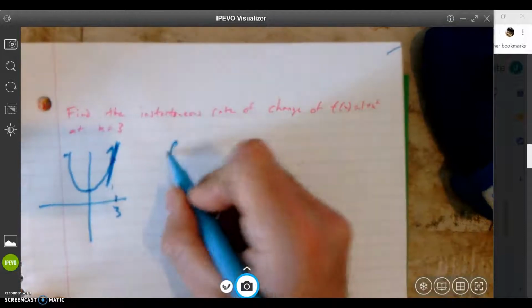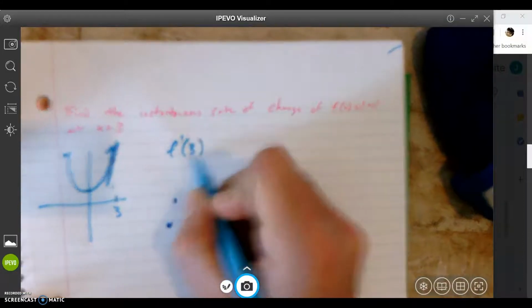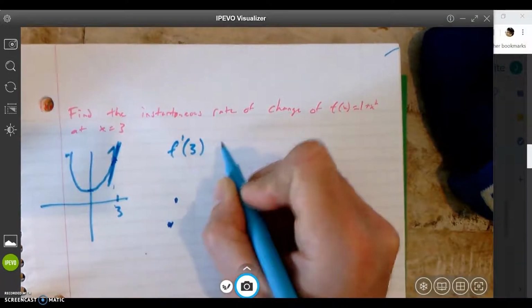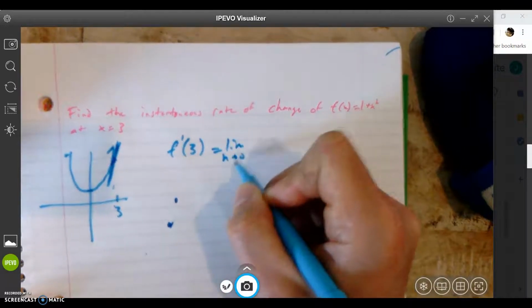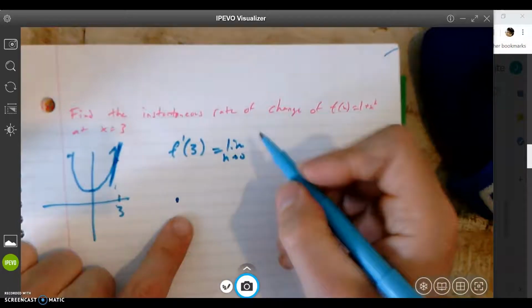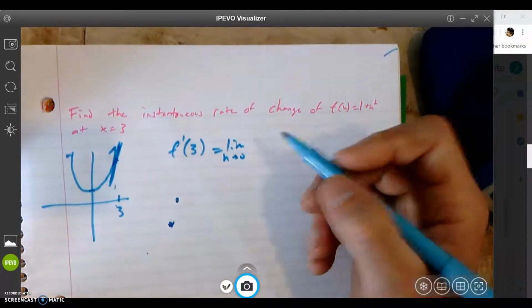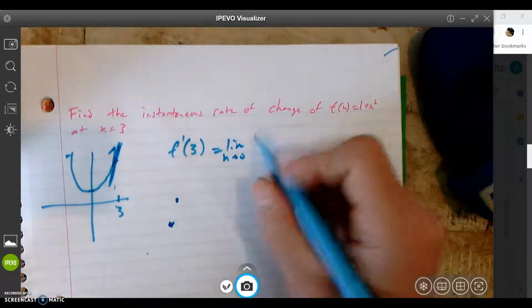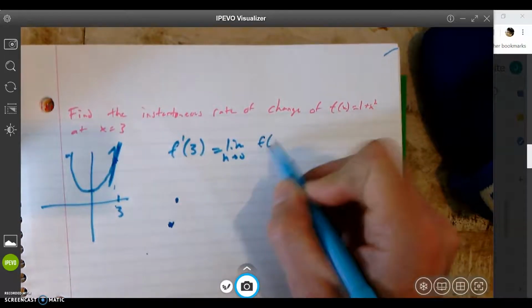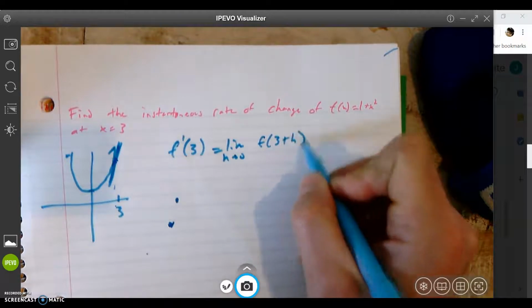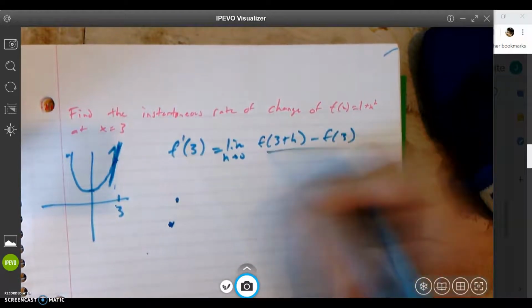Okay, so let's fix. So f prime of 3, the slope at 3, equals the limit as h approaches 0. What does that mean? That means the 2 points are getting closer together, so you get 1 point in the instantaneous rate of change. Equals f of 3 plus h minus f of 3 over h.